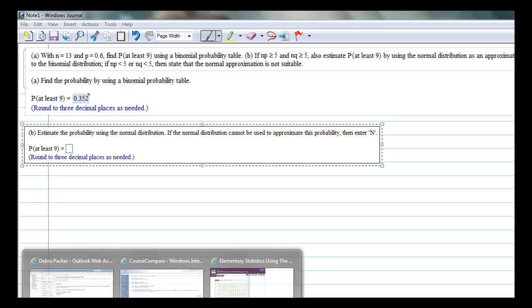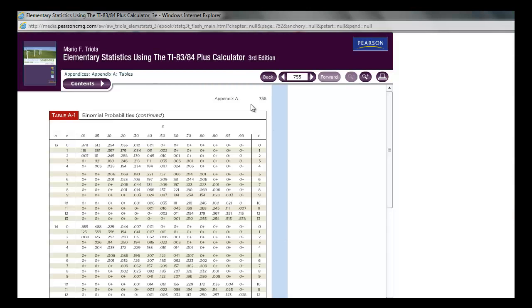So what I did is I went to our book and I pulled up the binomial probability table from page 755, and we wanted the probability of at least 9, and we're talking about the probability of success being 0.6.